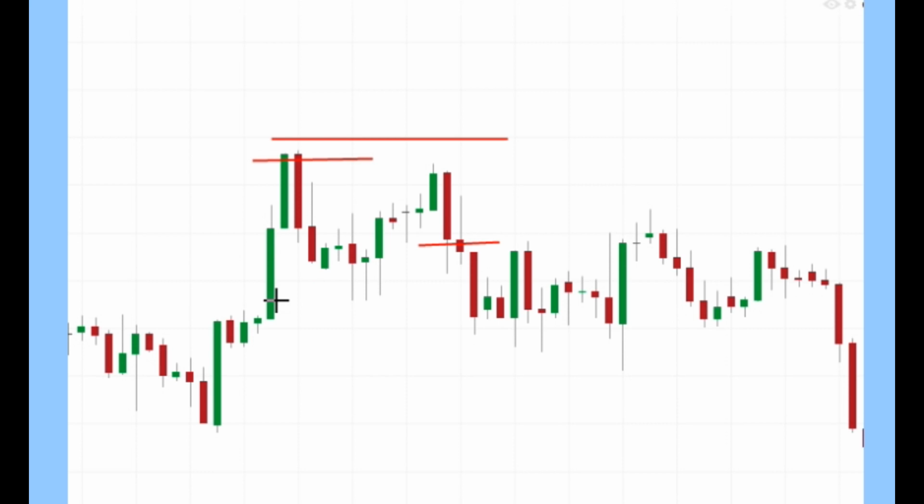And you can see the market tried to push up slightly, but it was pushed down again. Let me get the arrow. It was pushed down. So the market tried to push up, did a slight pullback, but the ultimate direction is downward.